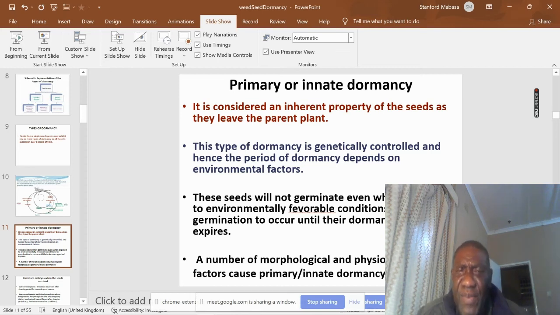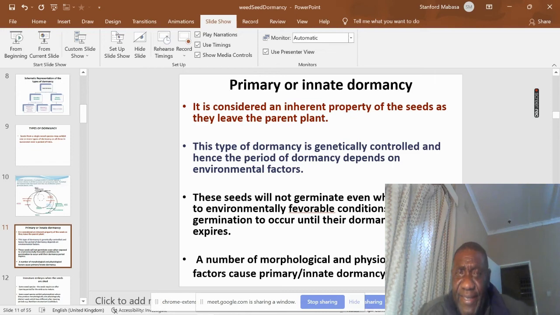This type of dormancy is genetically controlled, and hence the period of dormancy may depend on environmental conditions. Later, I will explain about genetically controlled dormancy. These seeds will not germinate even when exposed to favorable environmental conditions for germination until their dormancy period expires.